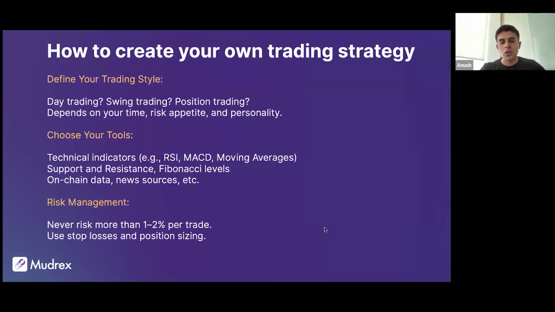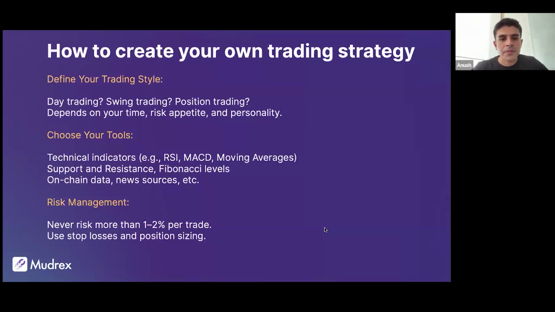Like I mentioned, if you have $1,000 in your trading account, your maximum loss on any trade should be $10 to $20. Next, use a stop loss on every single trade. This will protect you in the long term. Plan your position size based on your risk tolerance and the distance between your entry and your stop loss.